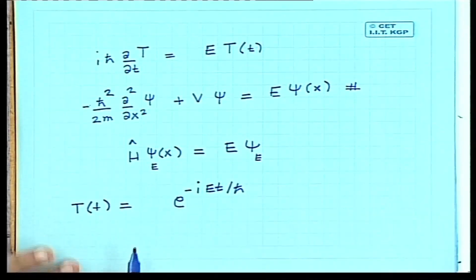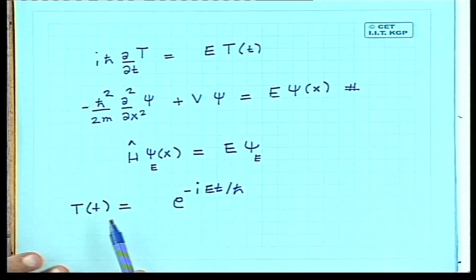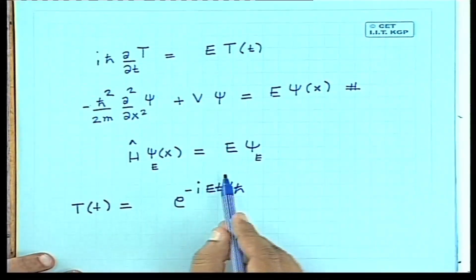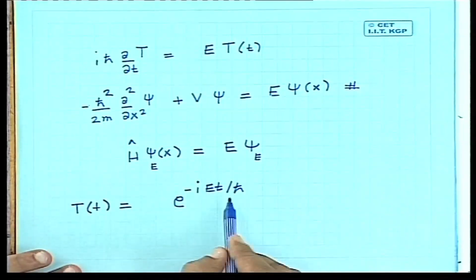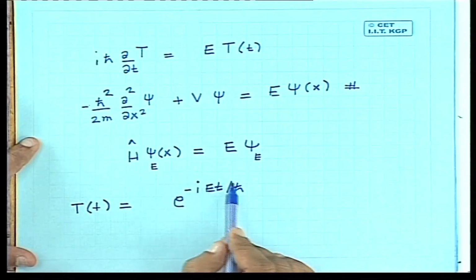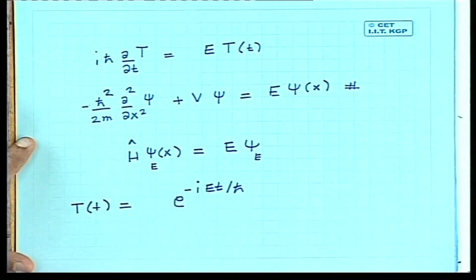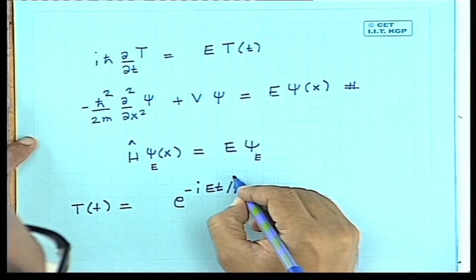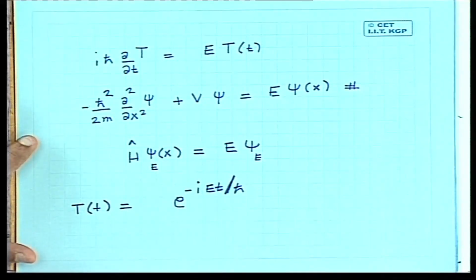If I have a wave function corresponding to an energy E, then the time part of that wave function is just this exponential of the imaginary number, which is just an oscillating part, and the frequency of oscillation is E by h cross. Or if you think of this as a phase, the phase keeps on going. The h cross is in the denominator. There is a line here dividing the two. Is it clear, or should I write it again? Okay. So this is the time dependence of this wave function.